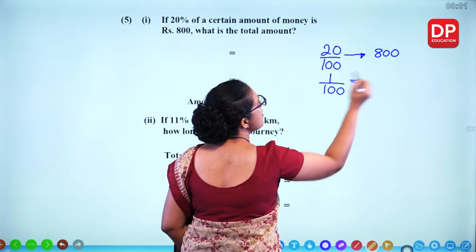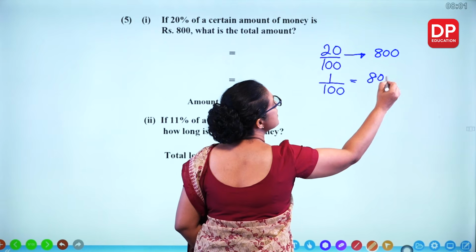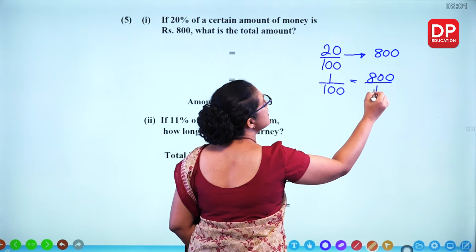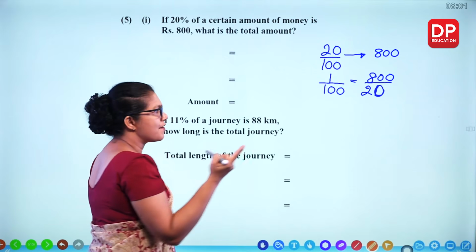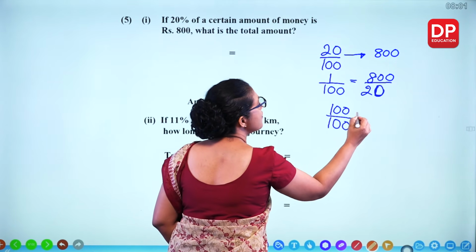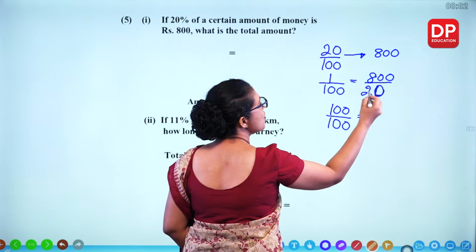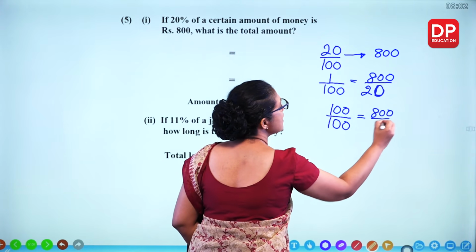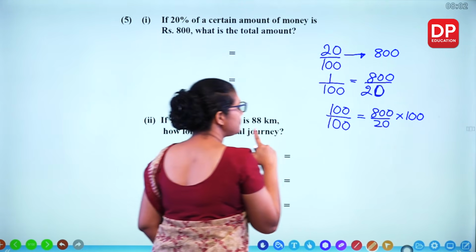You divide this by 20 and then to get the total you need to multiply by 100. So we are trying to find out what about 100%. For 100% you have to multiply by 100.